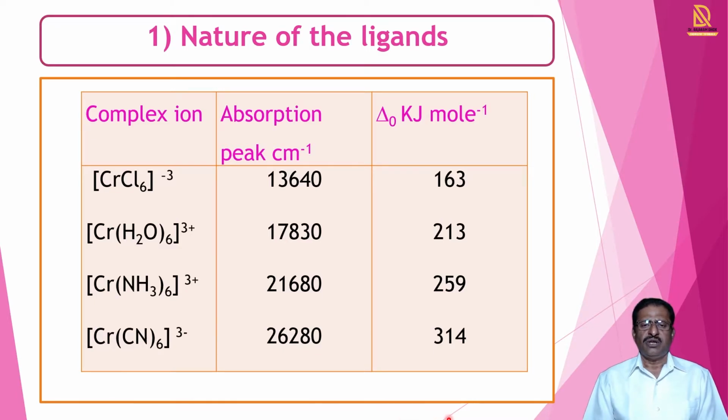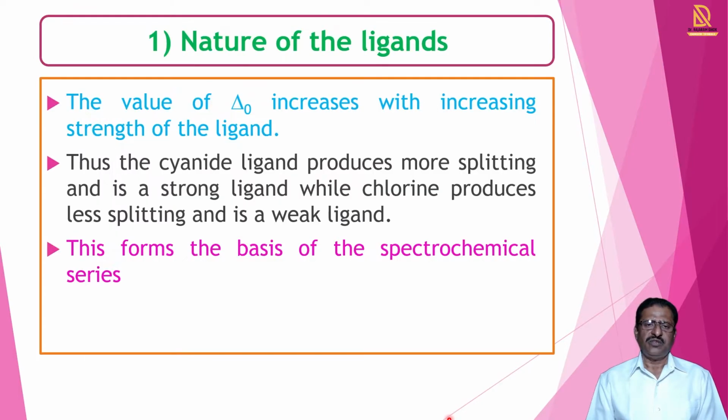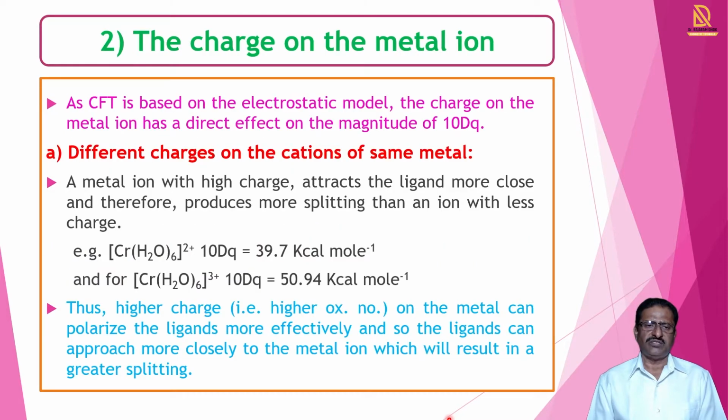So simply we can say that ligands at a higher position in the spectrochemical series form stronger complexes than ligands at a lower position. In the nature of the ligand, the value of delta O increases with increasing strength of the ligand.